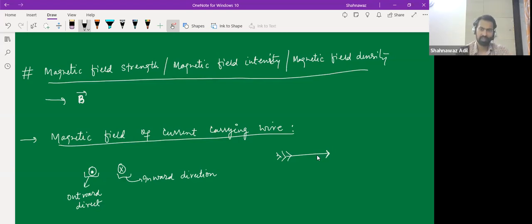When the arrow is moving away from you, inward, you will see the tail of the arrow. Tail is in this shape, head is in this shape. That is how you decide the inward and outward direction. Is that clear?